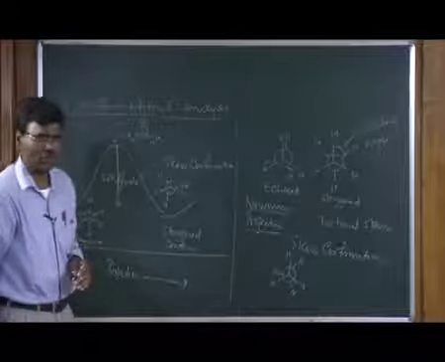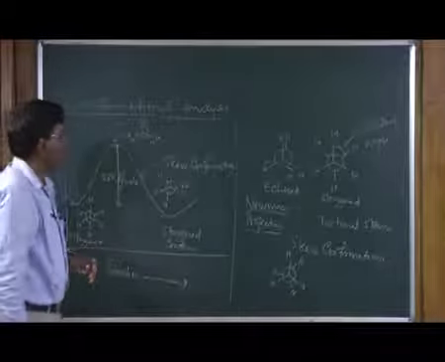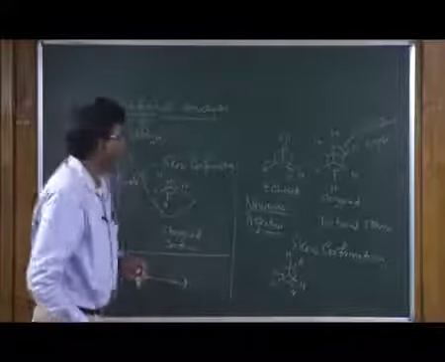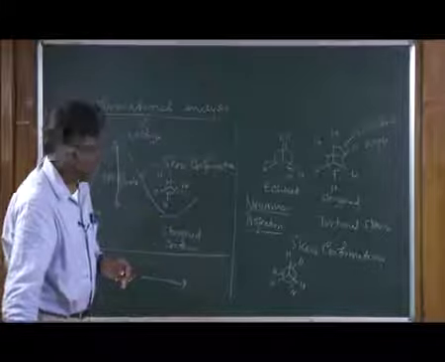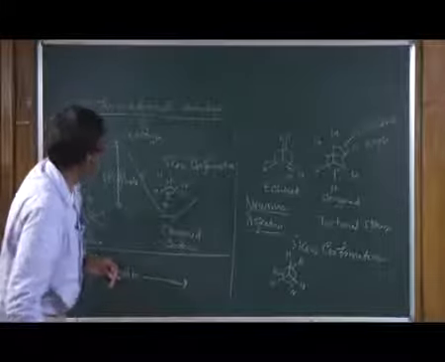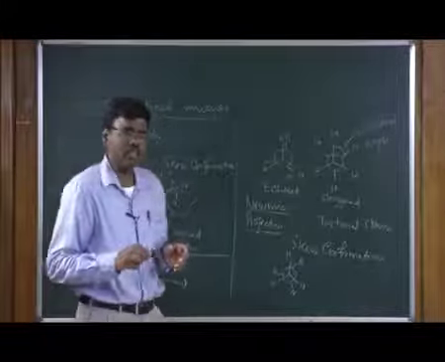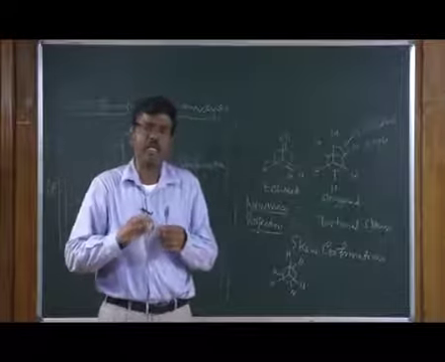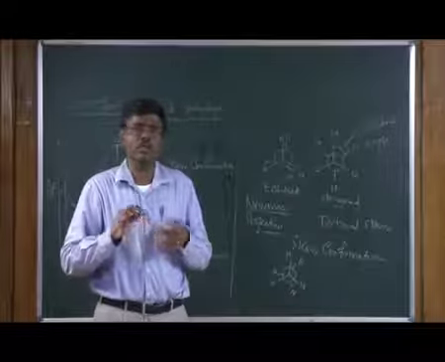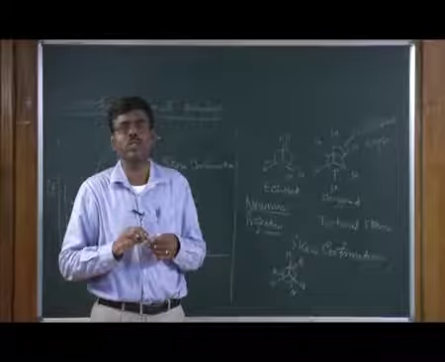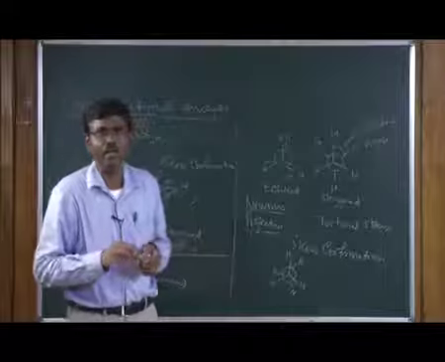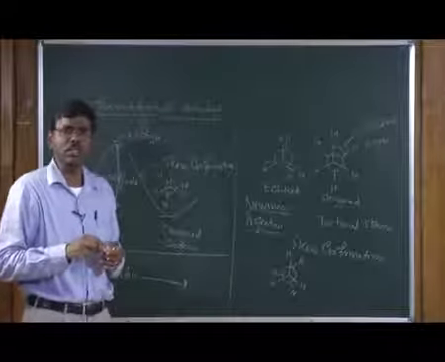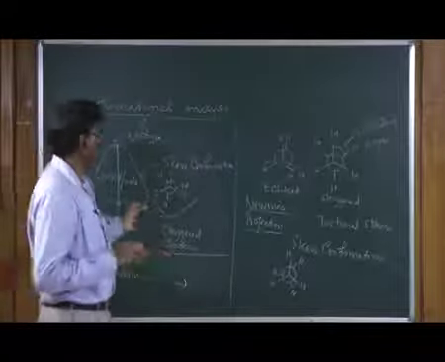Let us summarize now. Alkanes can readily undergo carbon-carbon single bond free rotation, which leads to different spatial arrangements of atoms in space, and those are called conformational isomers, conformers or rotamers.